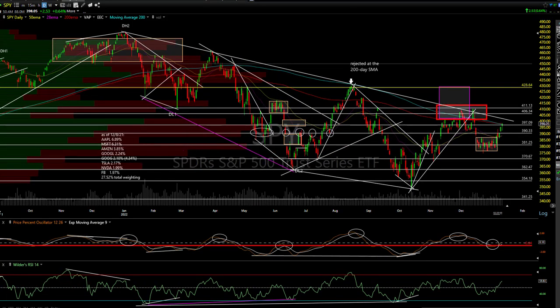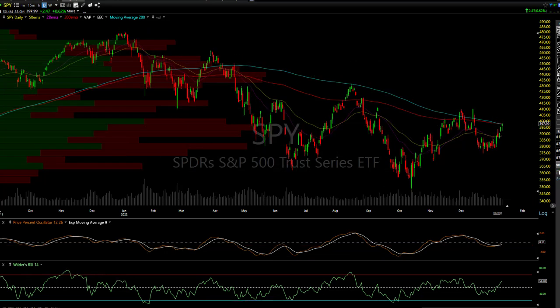Let me just show you this. This is the primary bear market downtrend line, a very significant level on SPY. If I turn that off, you can see the 200-day moving averages coming in. I talk about these a lot. They are very important averages, watched by traders for many years, and they typically denote bull and bear trends.